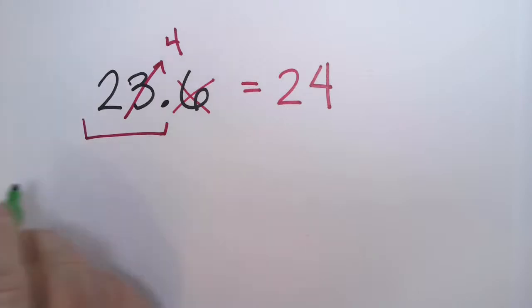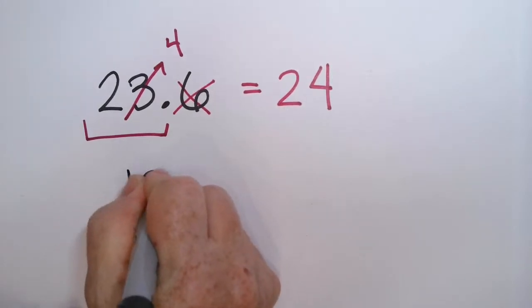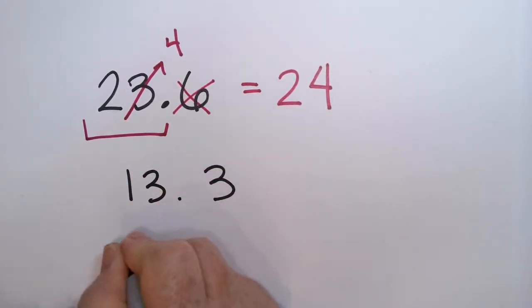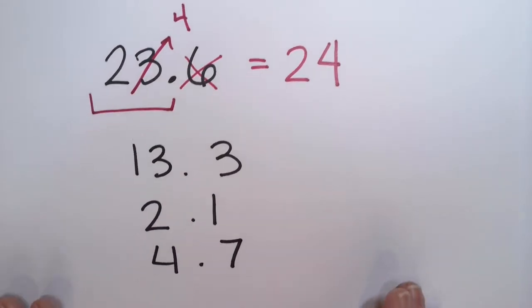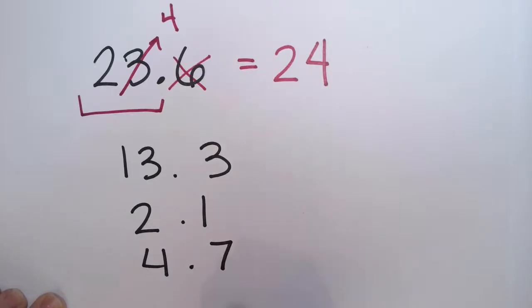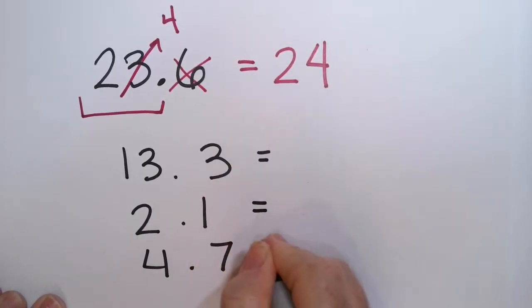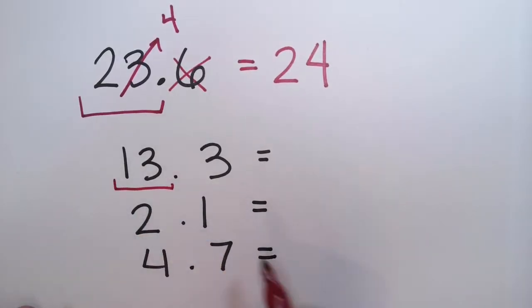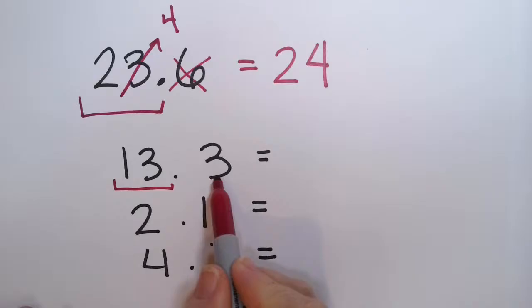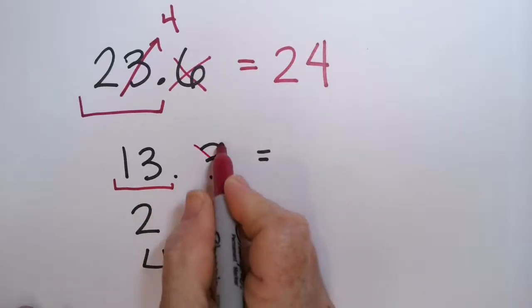Let's try another one. Here's a couple more: 13.3, 2.1, and 4.7. Ready, go. You tell me, rounded to the nearest whole number, there should be no decimal points in your answer. Okay. So this is the number. We're peeking. This is not quite 5, so this stays, but we still throw this away.